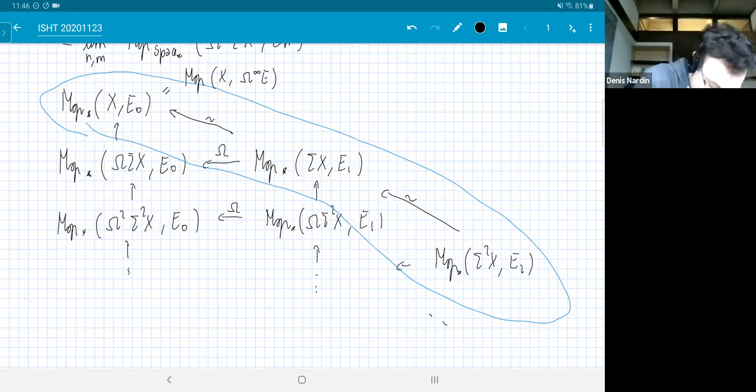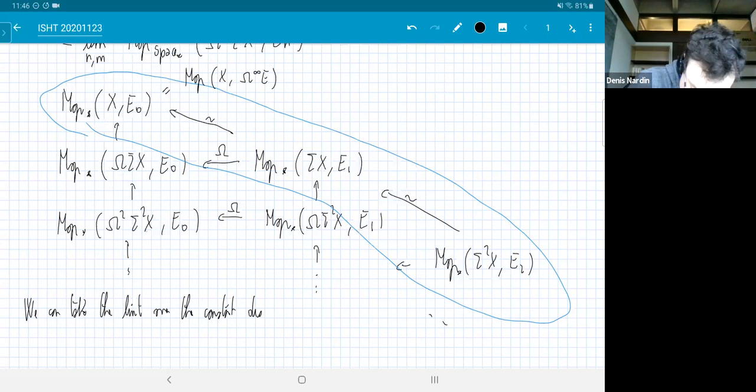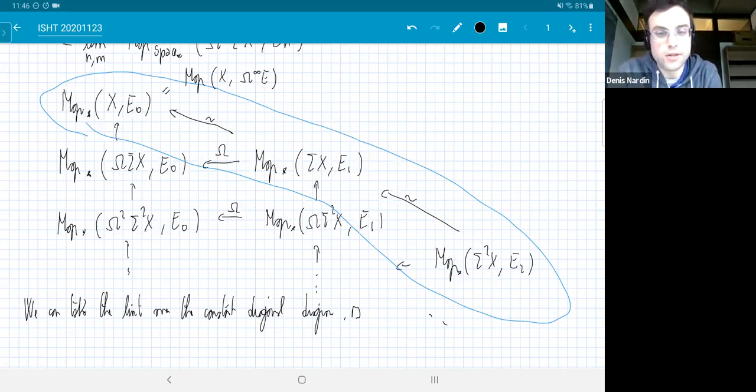So we can take the limit over the constant diagonal diagram. Okay. And so we have what we wanted to have. And you can actually write very explicitly what this equivalence is between maps sigma infinity E to maps x to omega infinity. It's very concrete and very explicit.